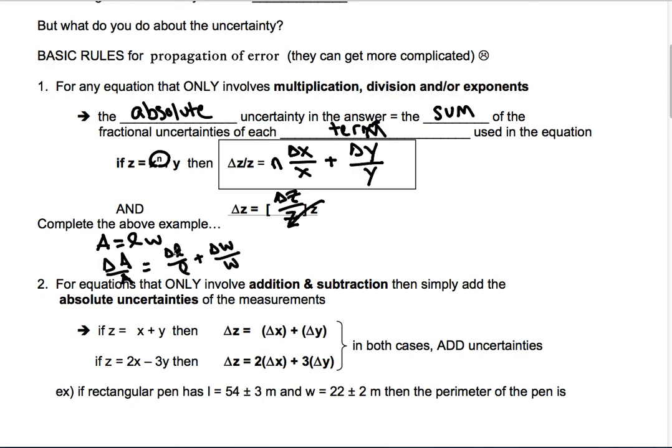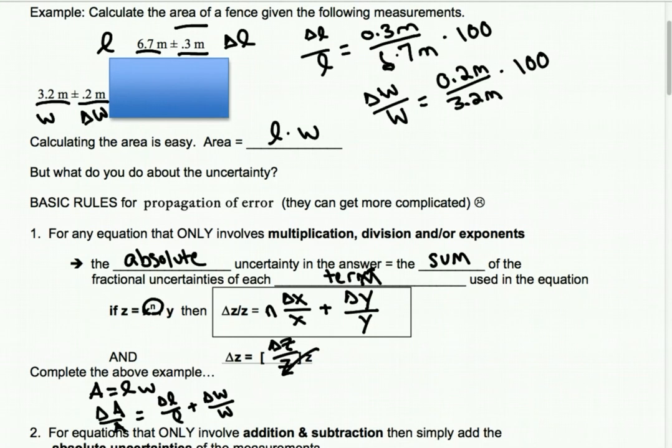So the fractional uncertainty in my length plus the fractional uncertainty in my width is going to be the fractional uncertainty in my area. So that's going to equal my 0.3 meters divided by my 6.7 meters plus my 0.2 meters divided by my 3.2 meters.